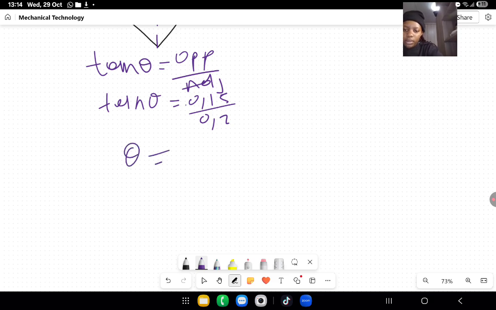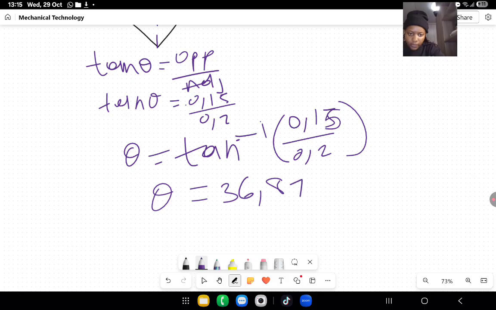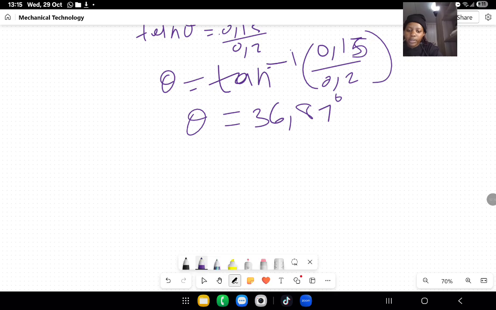So theta equals tan arc 0.15 over 0.2, which gives 36.87 degrees. Now our vertical components equal to 0.